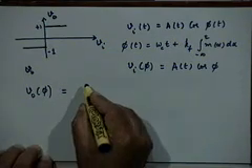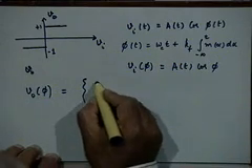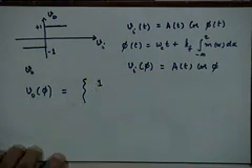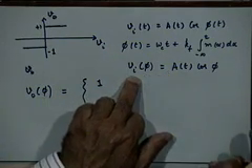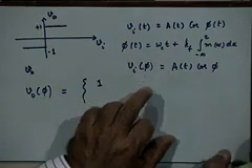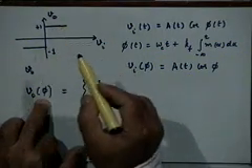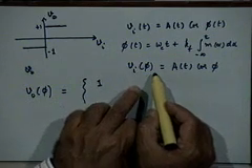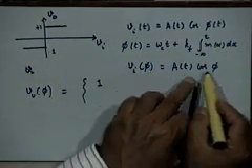What can we say? What we are saying is this is going to be equal to 1 when Vi of phi is greater than 0. Is that correct? V naught of phi is going to be equal to 1 if Vi of phi is greater than 0. And when will this be greater than 0?